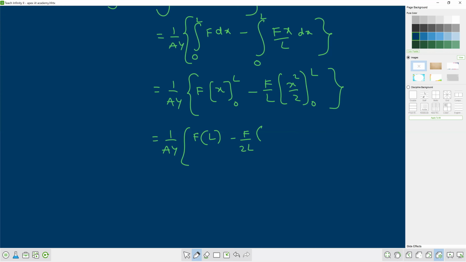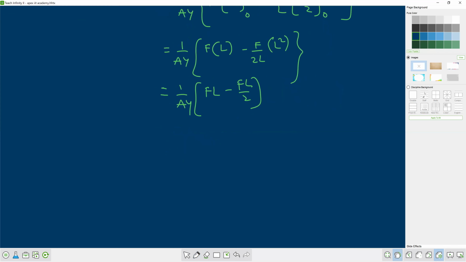By substituting the limits, you will get L only. So this is equal to 1 by AY, FL minus FL by 2, and L will get cancelled. So finally it will be 1 by AY into FL by 2, which is FL by 2AY.